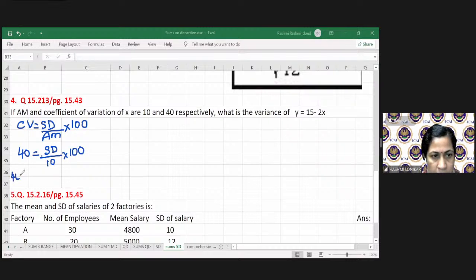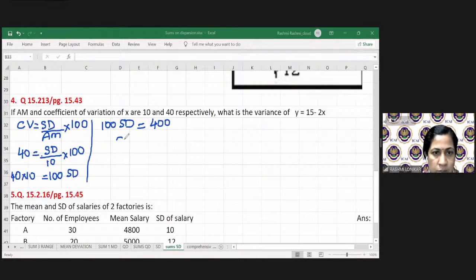This will be 40 into 10 is equal to 100 SD. So 100 SD is equal to 400. 40 into 10 is 400. So standard deviation is equal to 400 upon 100. Answer is 4.